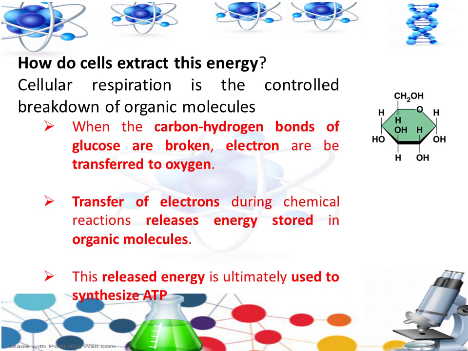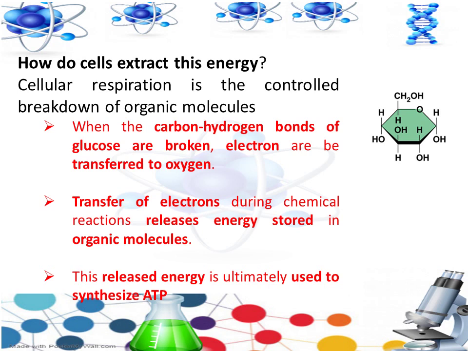So in order for cellular respiration to produce ATP, there must be a breakdown of organic molecules. So you need to know, inside the glucose, it has the bonding, which is carbon and hydrogen bonding, which will be broken, and then it will transfer the electron to oxygen.